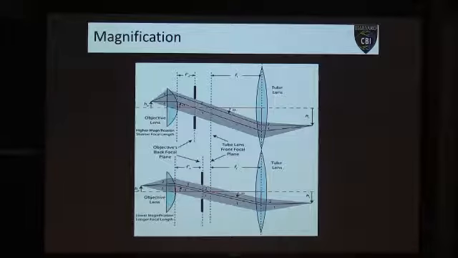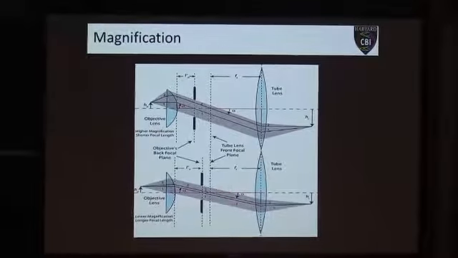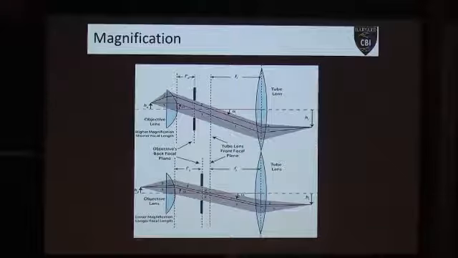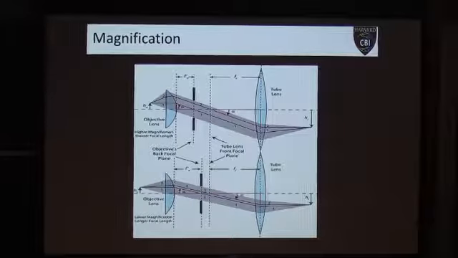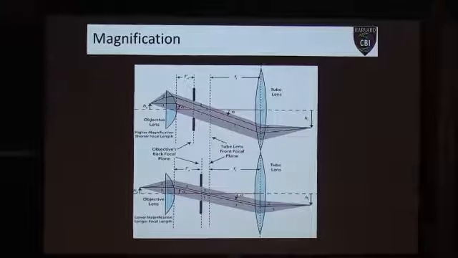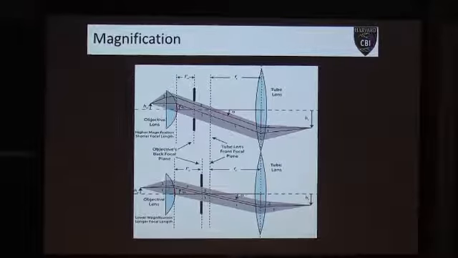But that still leaves the question of how do we actually get magnification? So in an infinity-corrected system, if you draw these somewhat more complicated ray diagrams, what you see is that it's the focal distance of your objective that determines your magnification.